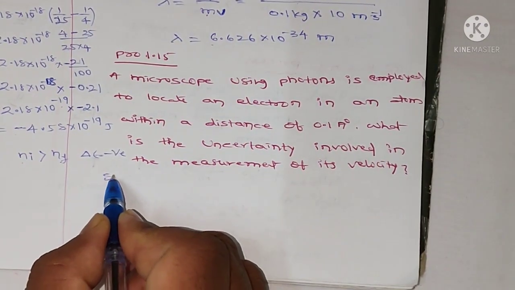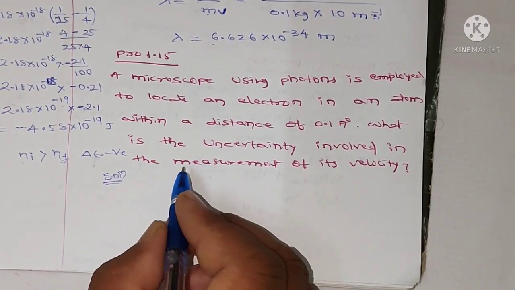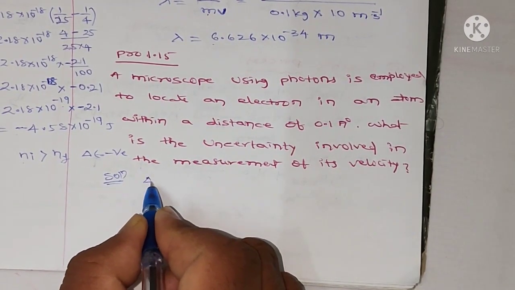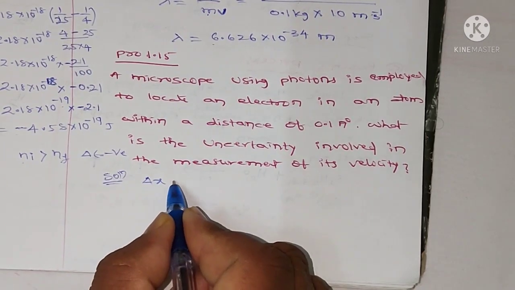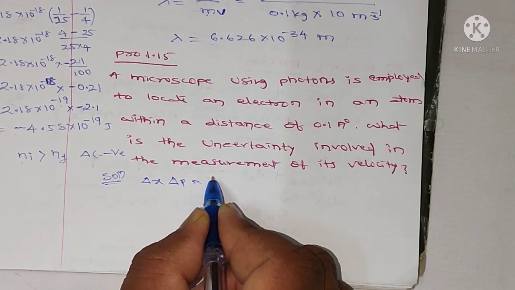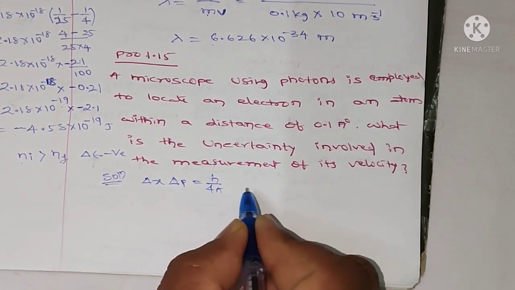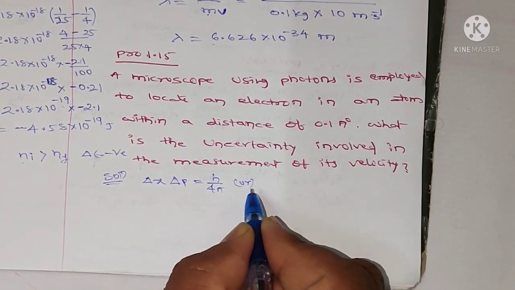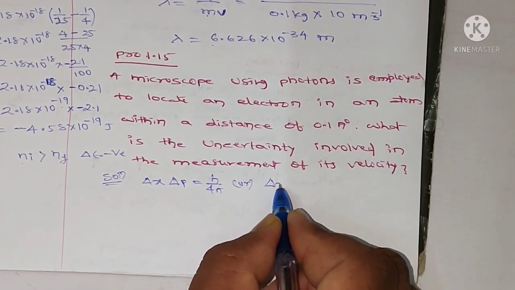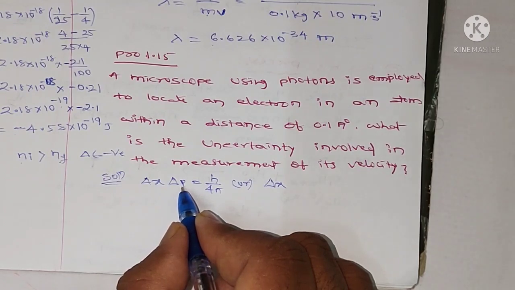So here, the Heisenberg uncertainty principle: delta x into delta p is equal to h by 4 pi, or we can write delta x into p, where p is the momentum, meaning mass into velocity.